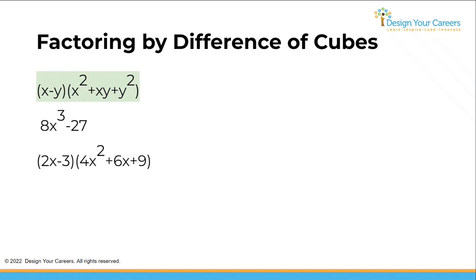And then in the second parentheses, we have to do x squared. So what is 2x squared? That would be 4x squared, because you have to square both the coefficient and the variable. Then plus xy. So that's basically just multiplying this and this. So you can just look at the first parentheses and multiply these two terms for the second term here.